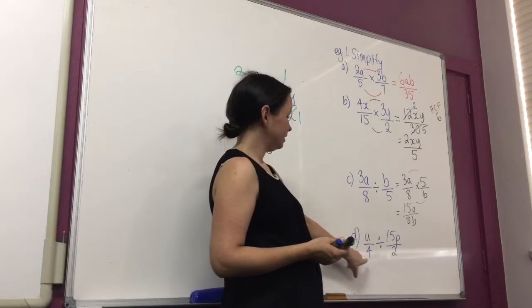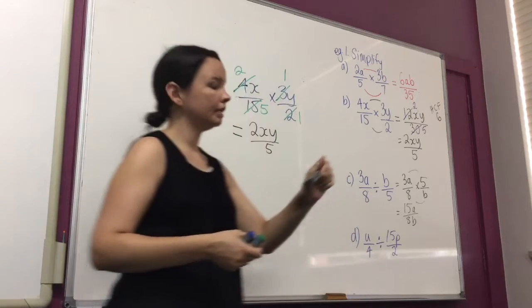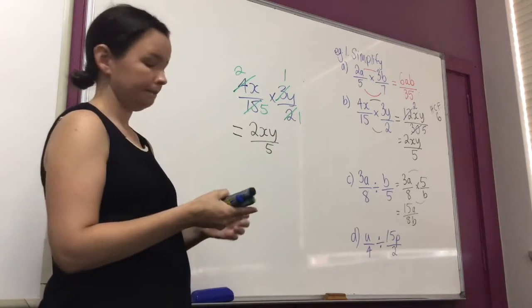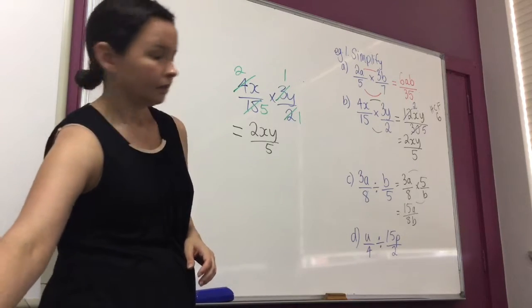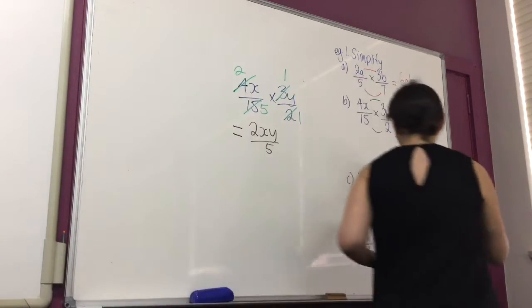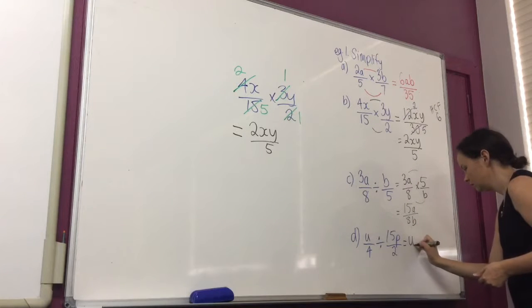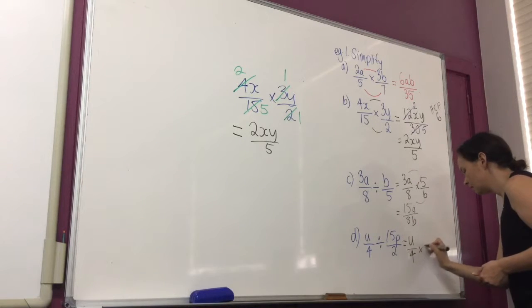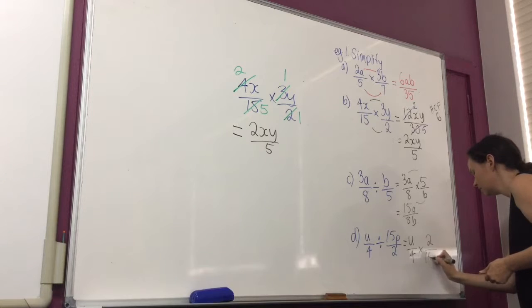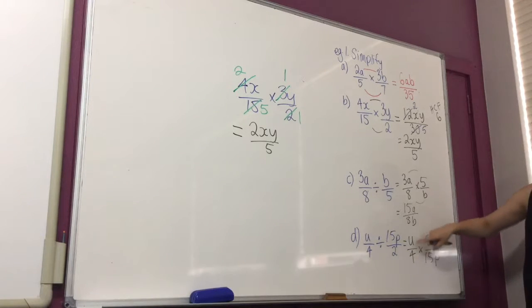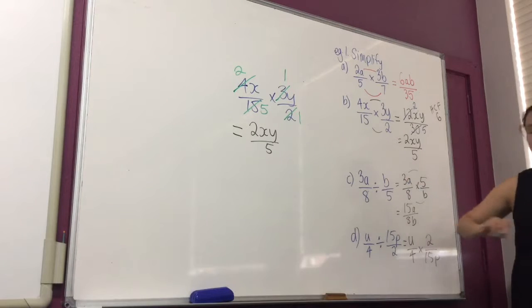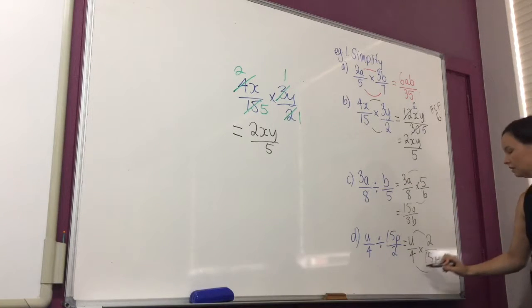Okay, in part D. Is that a U? Yep. So u over 4 times 2 over 15p. Now I'm going to times across, and I'll do it the other way if you simplify it straight away.